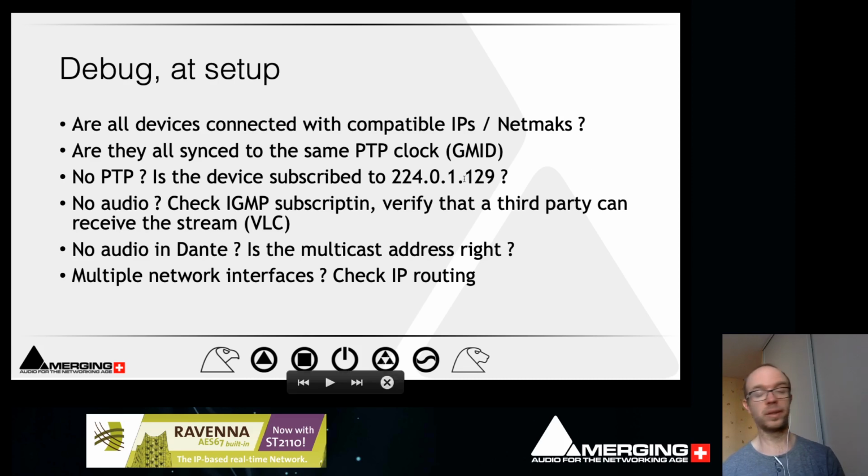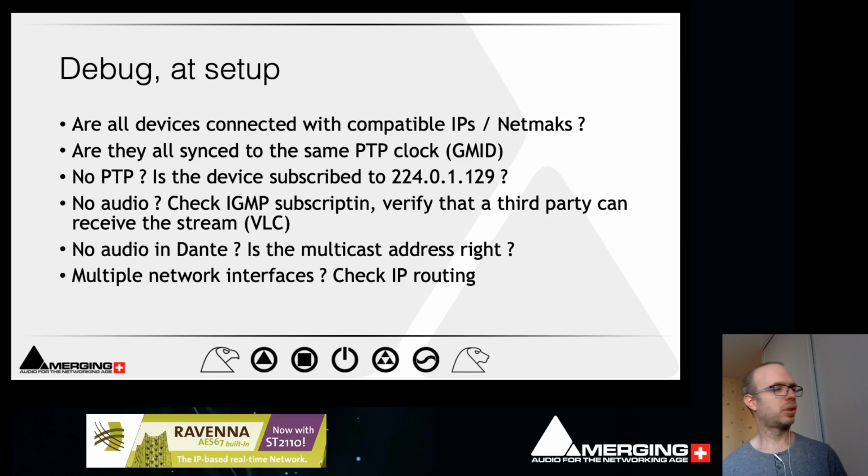This is the address there, and that you can try to look for in the switch. Is the audio missing? Check the IGMP subscription and verify that a third party can receive the stream. And there's a really easy third party that doesn't require PTP to receive the stream, and that you can use to check really easily. It's VLC.